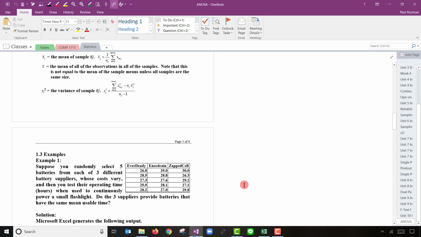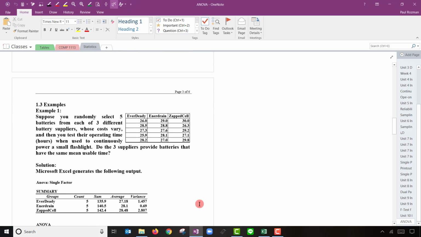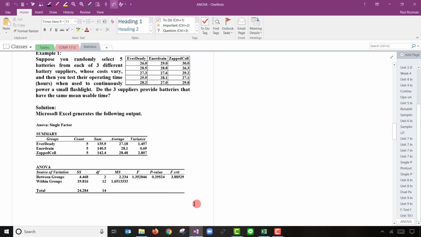So basically we can run through our same 8 steps that we've been doing for all our other hypothesis testing, and we'll rely on Excel's output to give us our test statistic and our p-value.